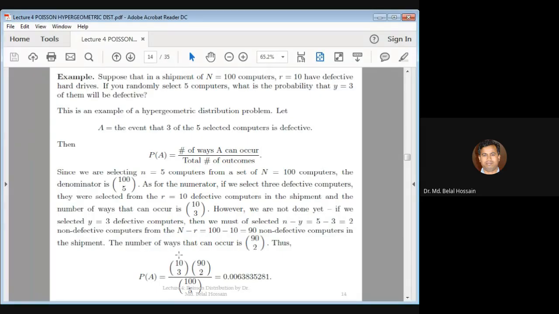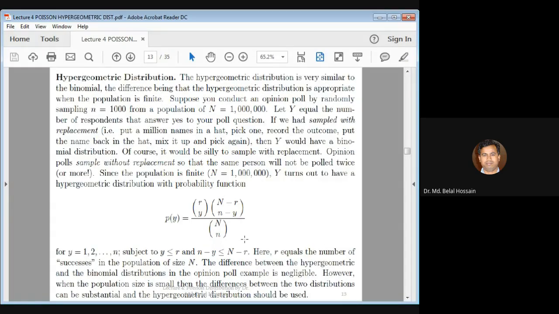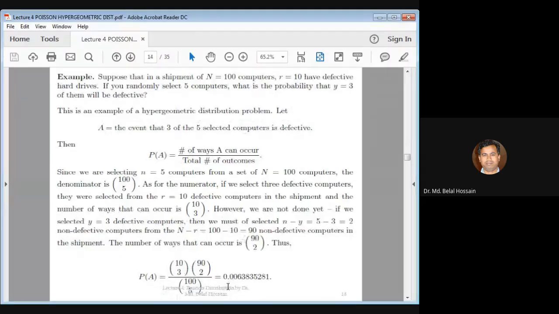So this is how the probability of y equals 3 can be calculated by putting the values of capital N, R, small n, and y in the expression. Okay, so that is the probability 0.006.